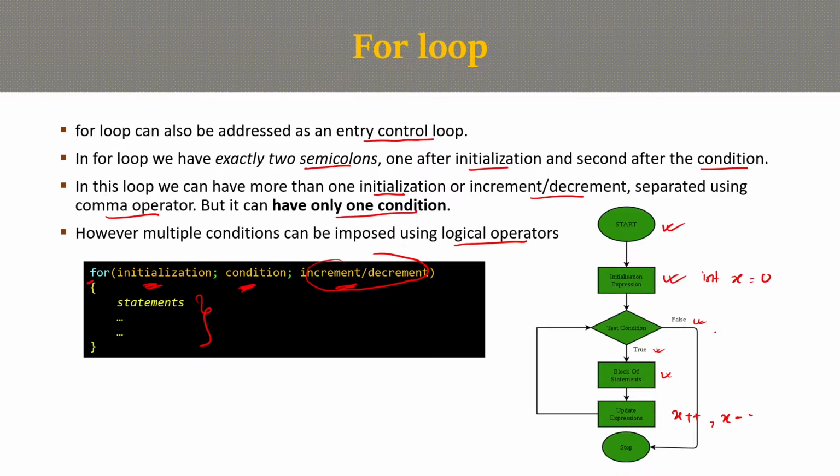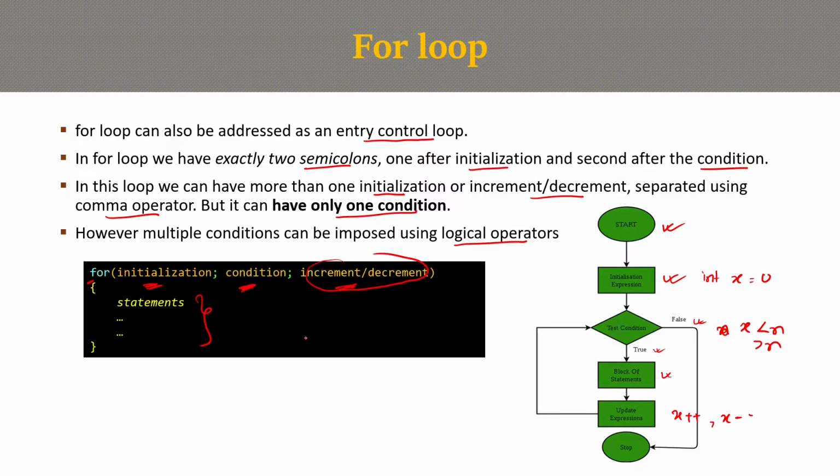Say the condition can be if our variable x is less than n or greater than n, something like this. After it checks the condition, it will execute the block of statements if the condition is satisfied or true. After the block of statements has been executed, it will increment or decrement the variable.